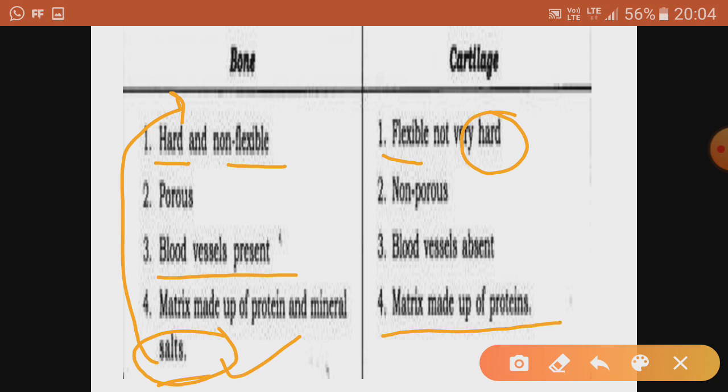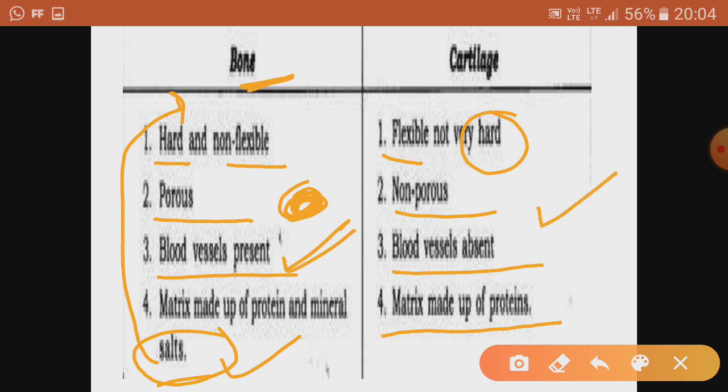Blood vessels are present in bone, and absent in cartilage. Bones are porous, and cartilage is non-porous. You have seen in case of bones there was a supply of blood vessels in the Haversian canal, which was present in the middle of the bone. So this is the difference between bone and cartilage. Revise well. Thank you.